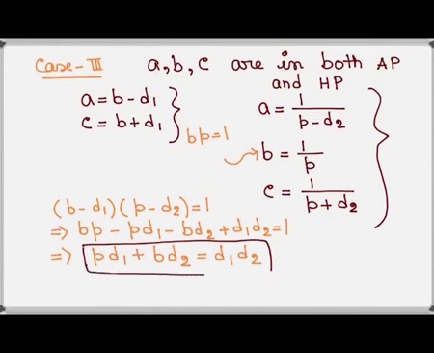Again, we have C is equal to B plus D1 and C is equal to 1 by (P plus D2). Equating them, we get (B plus D1) into (P plus D2) is equal to 1.